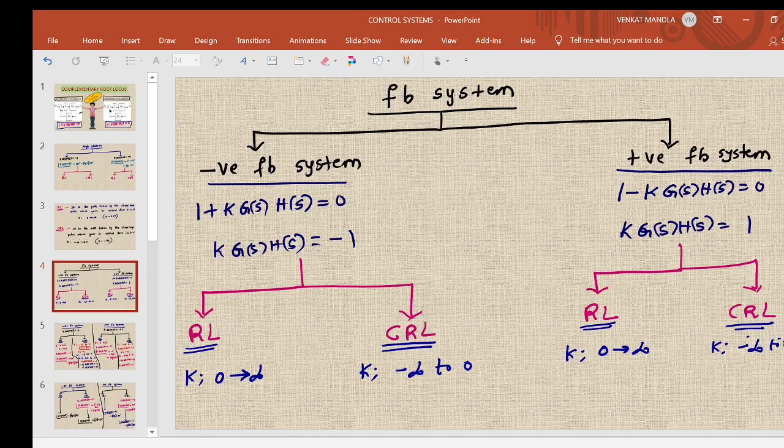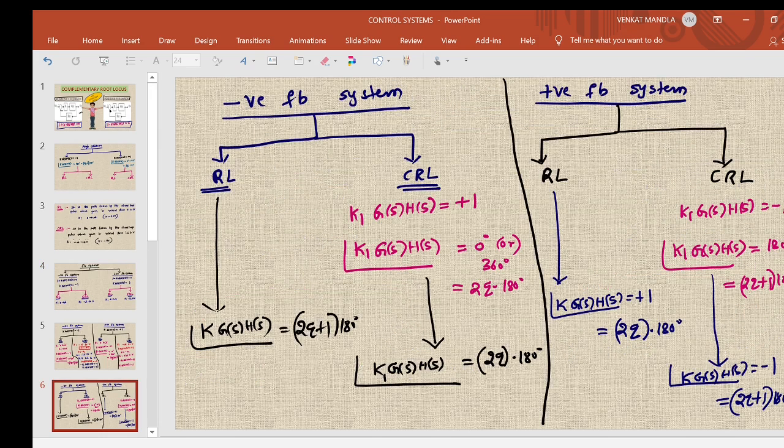In a feedback system, if it is a negative feedback system, we will get two types of angle criterion. If it is a positive feedback system, we will get two types of angle criterion. If it is a negative feedback system, we will get odd multiples of 180 degrees for the root locus. So in a negative feedback system, if you want to draw complementary root locus, the angle criterion is 2q 180 degrees, even multiples of 180 degrees.